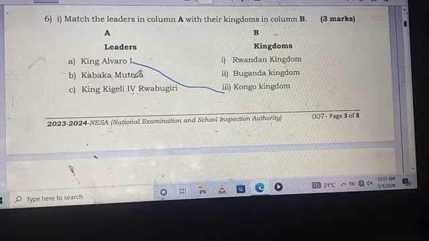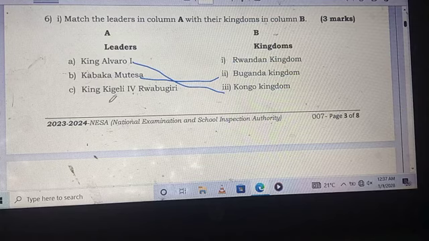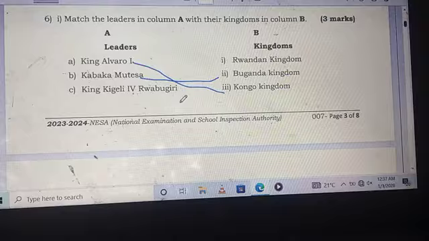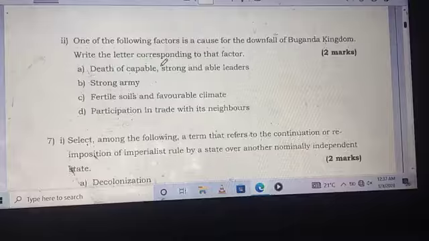B, Kabaka Mutesa, matches to II, Buganda Kingdom. C, King Kigeli Rwabugiri, matches to I, Rwanda Kingdom.